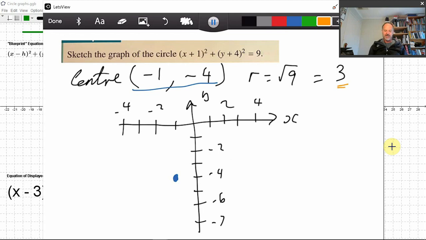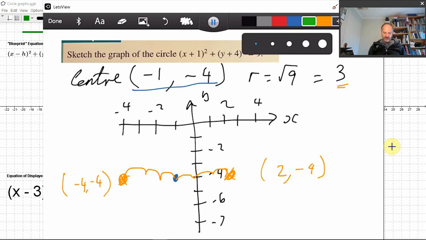So I start at the center and go horizontally to the right, 1, 2, 3, and I end up here. That point is now at 2 and -4. I can do the same to the left: 1, 2, 3, and I end up here, and that is -4 and -4.